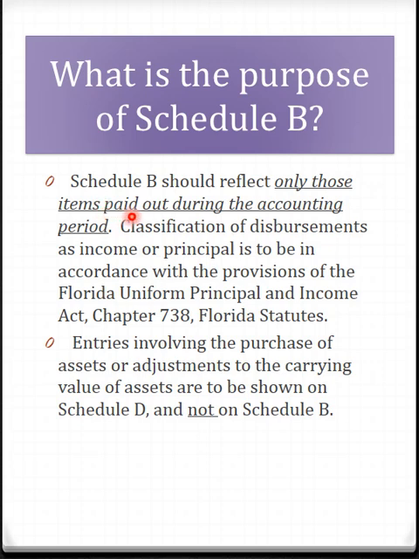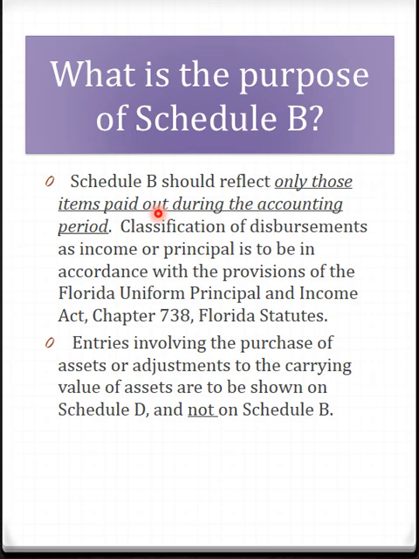And it is administrative type, or it's not disbursements, even though if you disperse something, it's a payment. That would not be scheduled on Schedule B. We'll do the disbursement schedule later. Alright, so Schedule B is for items paid out during the accounting period.